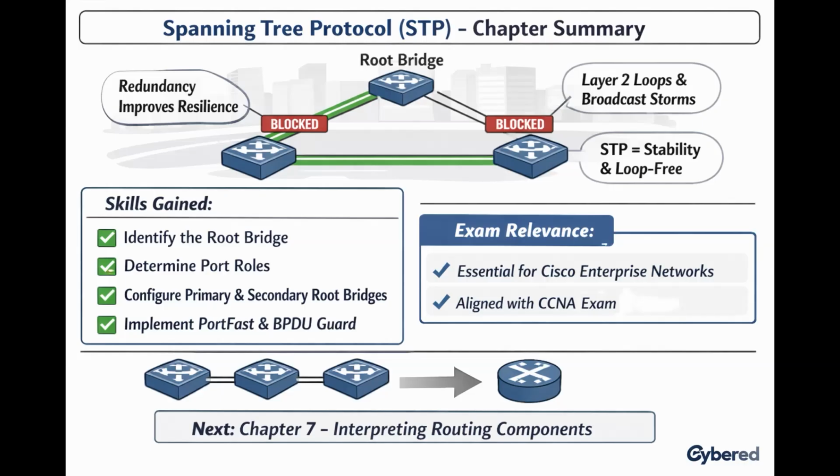These skills are essential for real-world Cisco networks and form a key part of the CCNA exam objectives. In the next chapter, you'll shift focus to layer 3 concepts and learn how routers determine the best path to destination networks. Keep building and keep practicing.